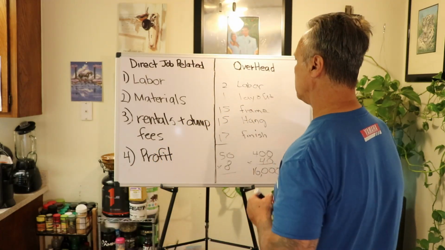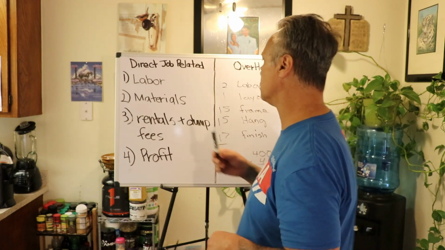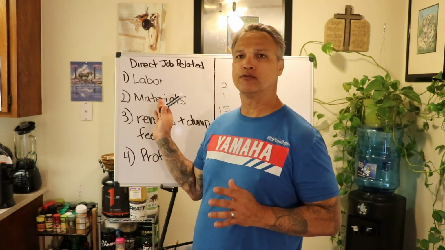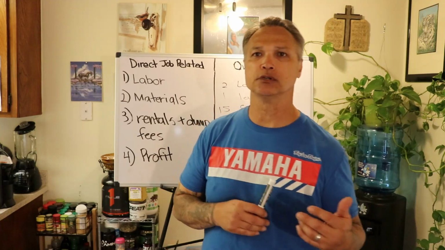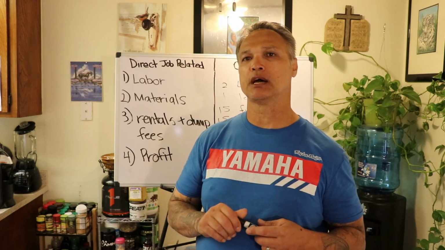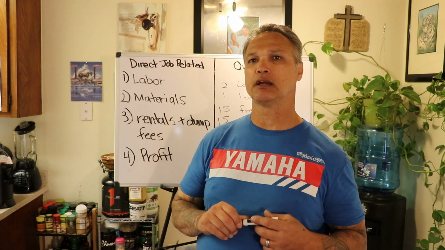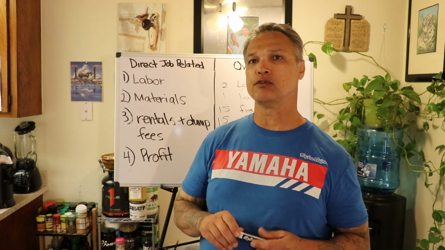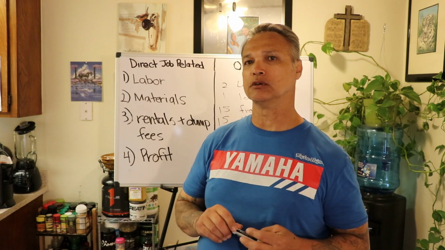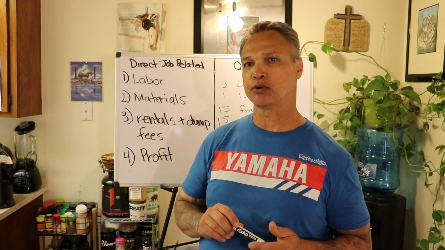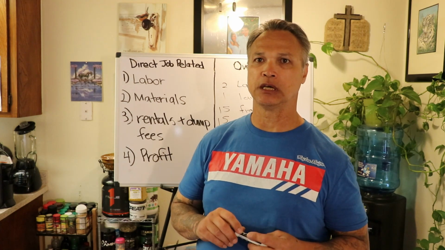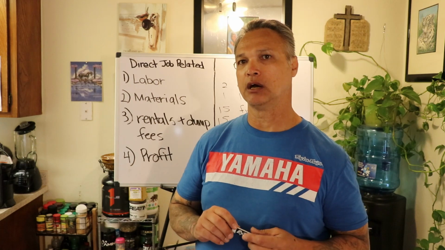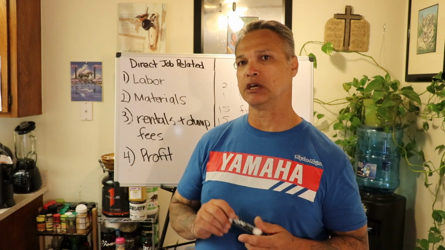Okay, so now materials. I'm going to move forward to materials. Once again, I think it's important that if you're just starting off and you're figuring out your numbers, you really need to do a stick-by-stick approach and calculate how much material you're going to need.